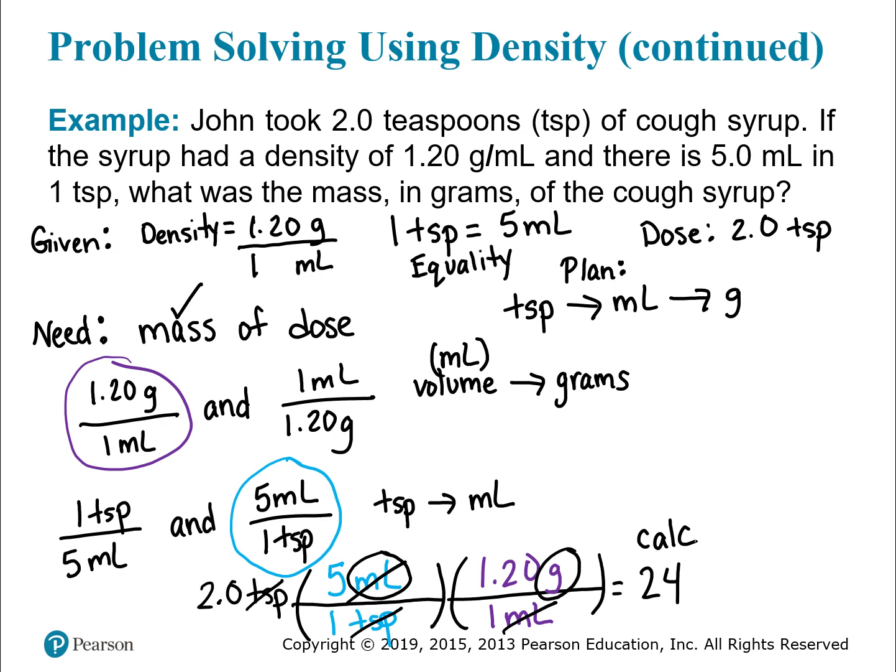So let's look at what we've got. We've got a density that has 3 sig figs. We've got an equality that relates teaspoons to milliliters. So one of those is measured, okay? And that's only got 1 sig fig. Then we've got the dose, and that's got 2 sig figs.